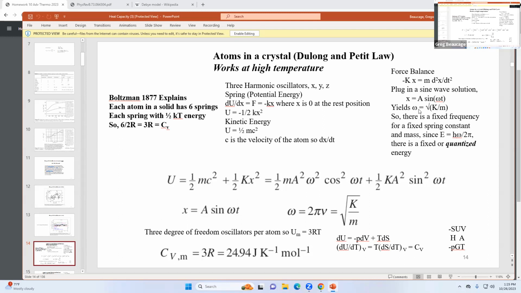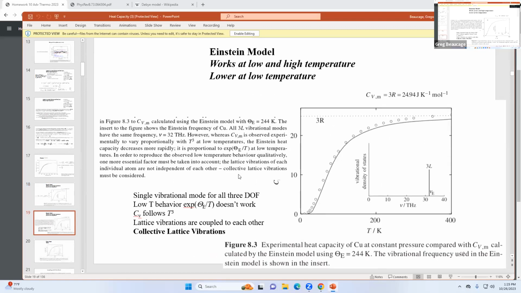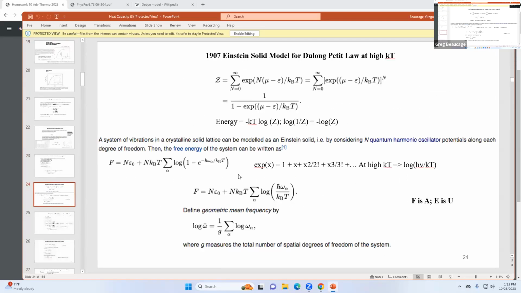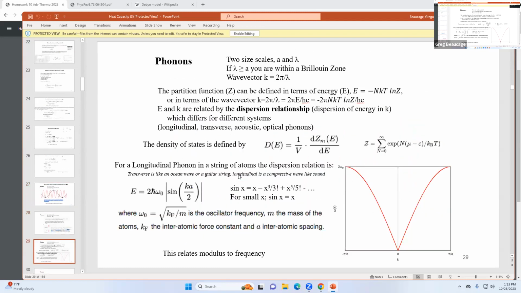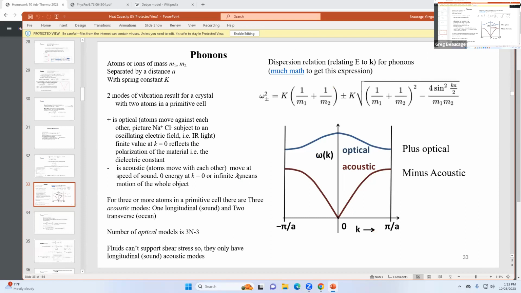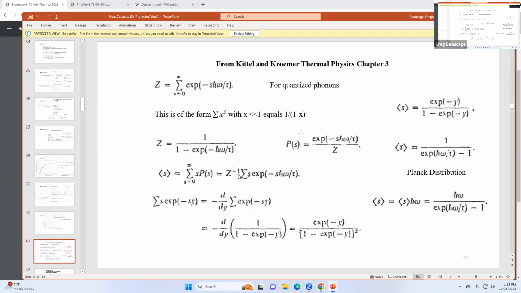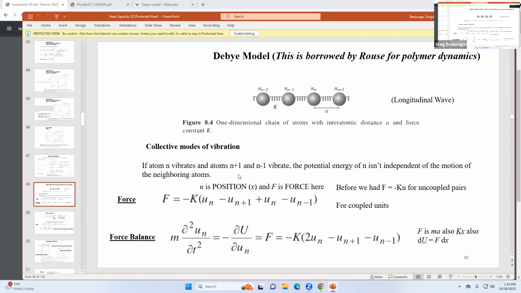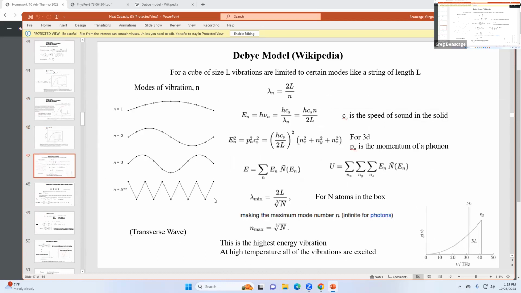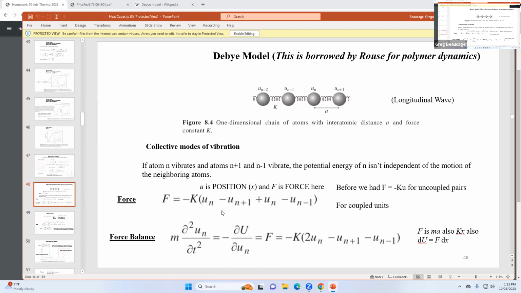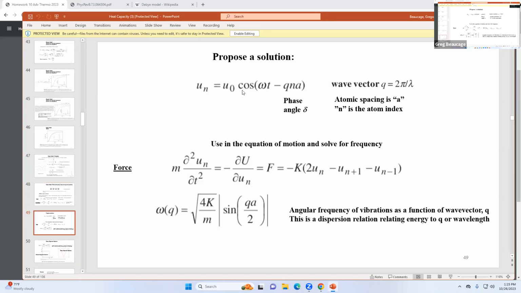If you do this whole solution with the sine thing, you end up with this cosine function, and then plugging that back into that equation gives you this business.